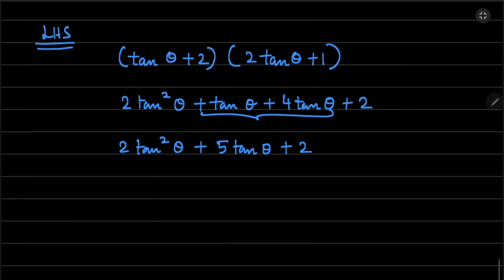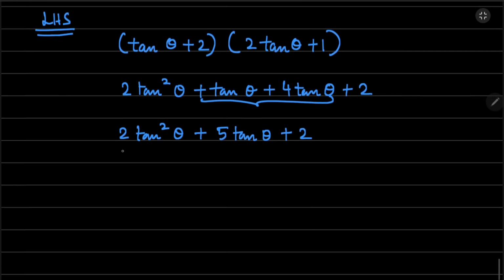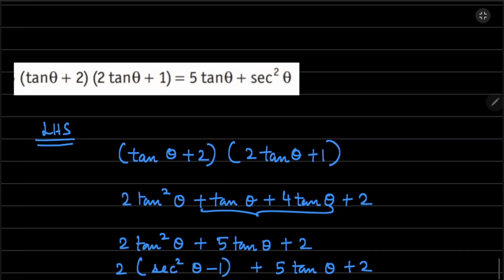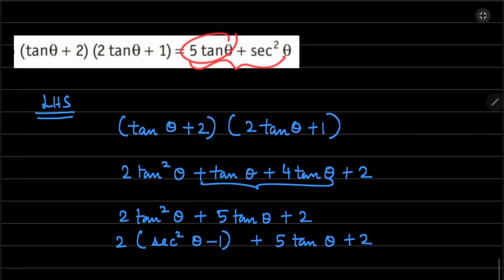plus 2. Okay, you can write tan square theta is nothing but secant square theta minus 1. So tan square theta, I can write it as secant square theta minus 1, plus all the other terms remain as they are. And why did I convert tan to secant? Because you need an expression in the RHS which has a 5 tan theta that we already have got, and then the next term is secant squared.